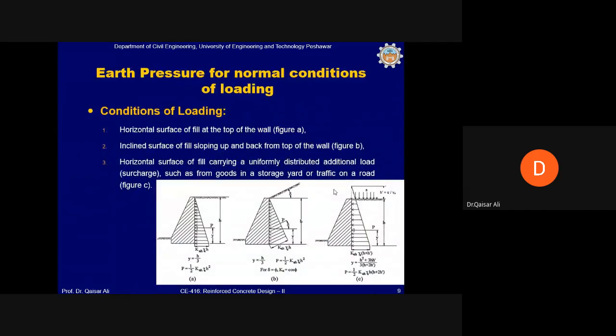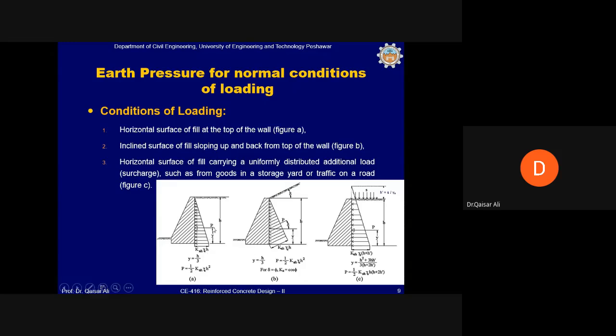Okay, different types of loading conditions of the soil. In figure A, the backfill is acting on the retaining wall, and you know that the pressure diagram will be triangular in pattern. This triangular distribution of the lateral pressure is shown in the figure.